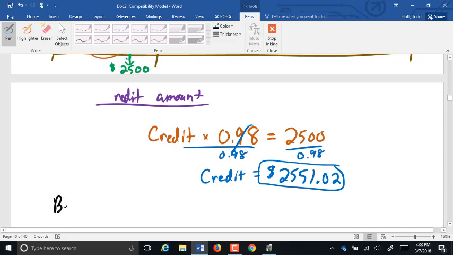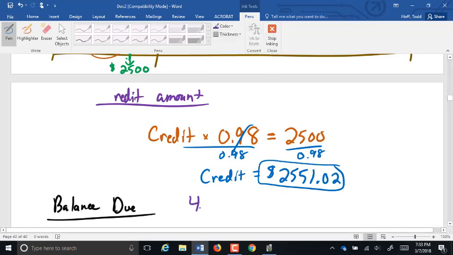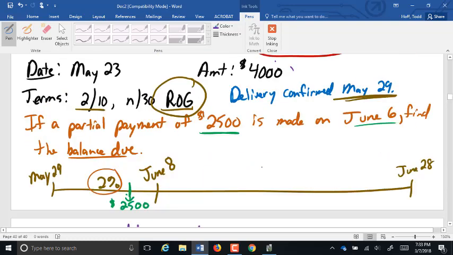The balance due? Well, the invoice amount was $4,000. Back up here off the invoice.